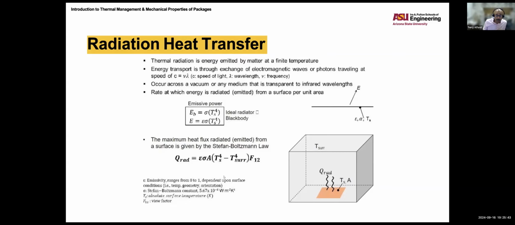In a similar manner, when we talk about heat dissipation, we look at the thermal resistance. The driving force, as we've said previously, is the difference in temperature, and this allows us to transport heat.